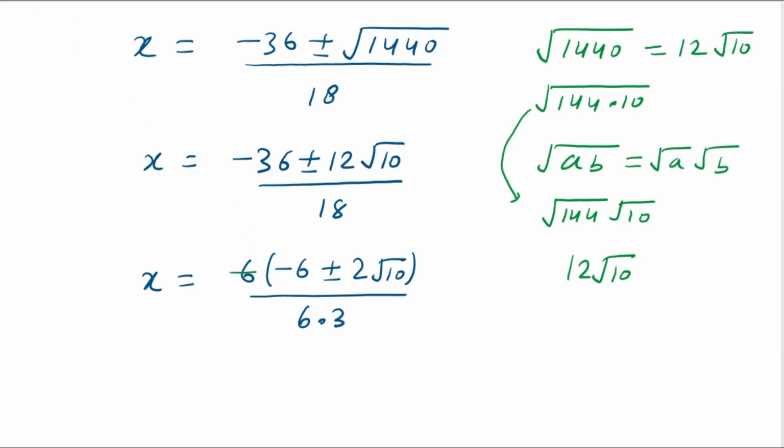Then this 6 and this 6 are cancelled out. Then the value of x is equals to minus 6 plus minus 2 times square root of 10 divided by 3. This is our final answer.